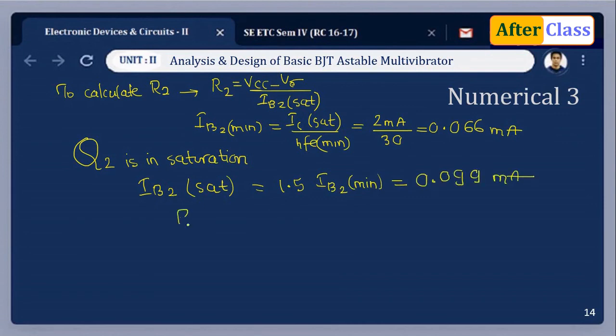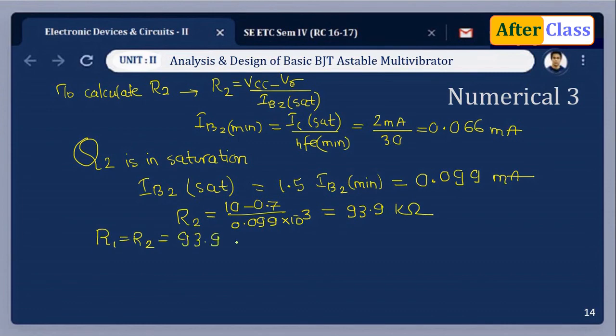From this I can get the value of R2 as 10 minus 0.7 divided by 0.099 into 10 to the power minus 3, which equals 93.9 kilo ohms. So R1 equals R2 is 93.9 kilo ohms.